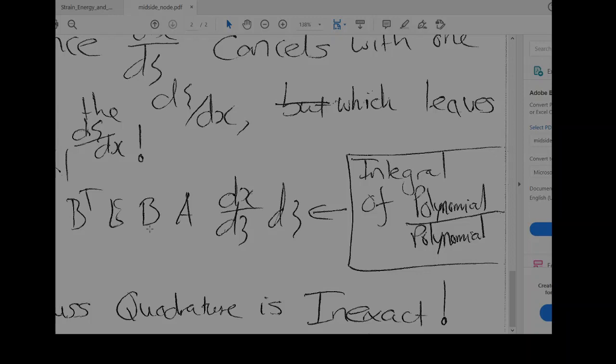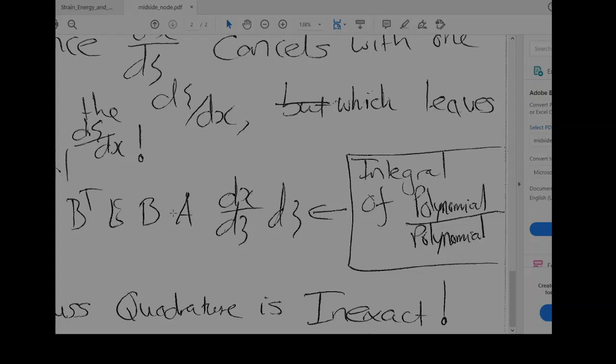As soon as I have a distorted element, I typically end up needing an infinite number of polynomials to integrate that exactly. So, in general, we can't talk about how many Gauss points we need to exactly integrate a stiffness matrix. What we can ask is, how many Gauss points do we need if we make the assumption that this element was undistorted, and that's what we call full integration.